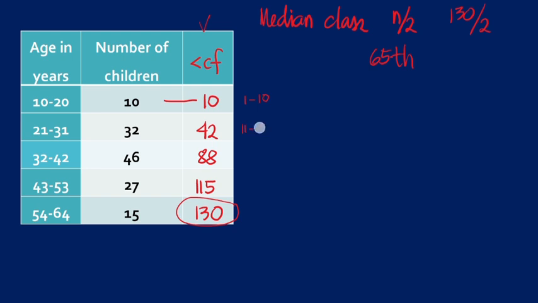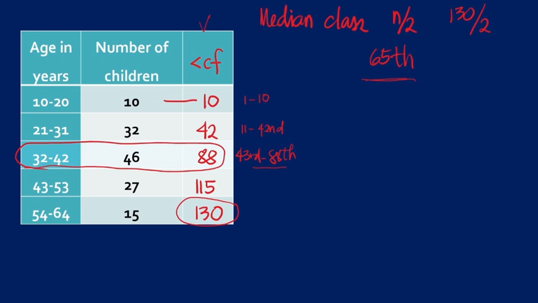Here we have the 11th up to the 42nd data, and here we find the 43rd to the 88th data. Since we are after the 65th, then the 65th would belong to this interval. That is why we call this our median class.